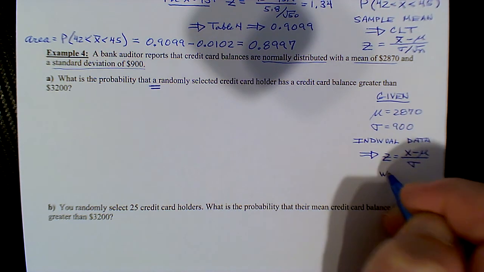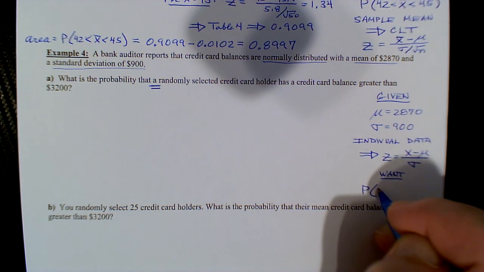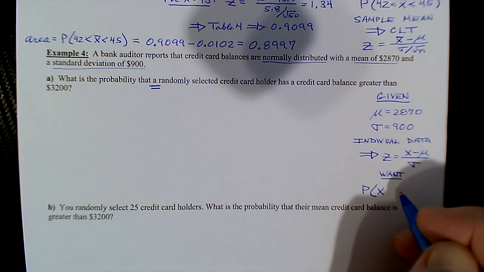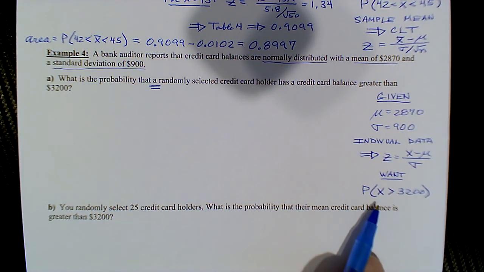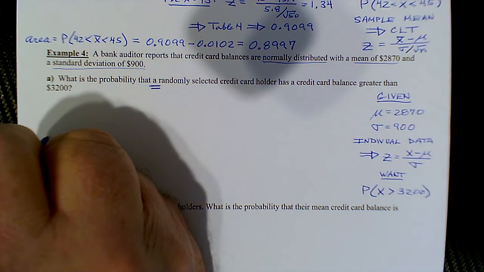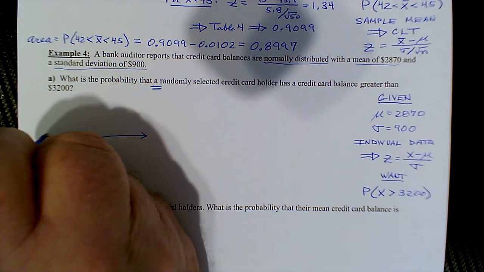And what we want is the probability that x is greater than the 3,200. But note that it's x, not x bar. It's an individual piece of data. So you can draw the distribution.